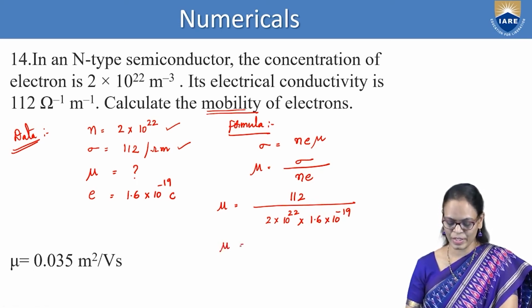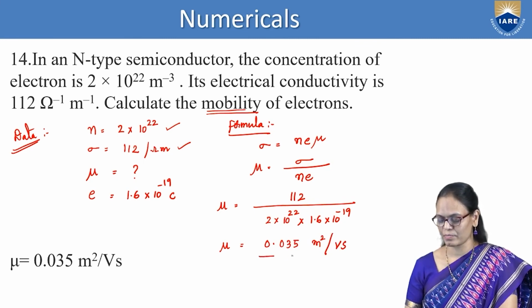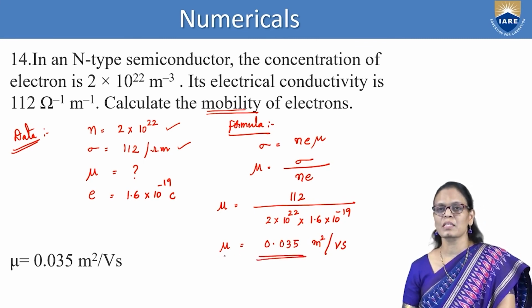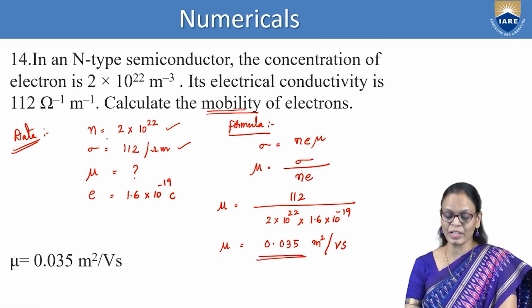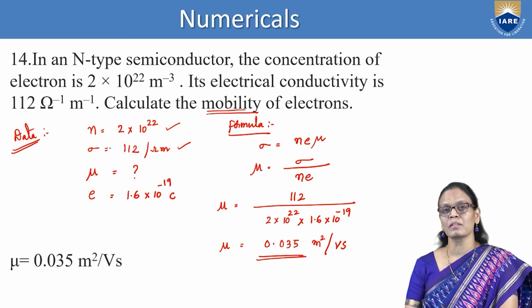So simplifying, we get mu is equal to 0.035 meter square per volt second. So this is the mobility we are getting given the value of N and sigma, that is charge carrier density and conductivity.